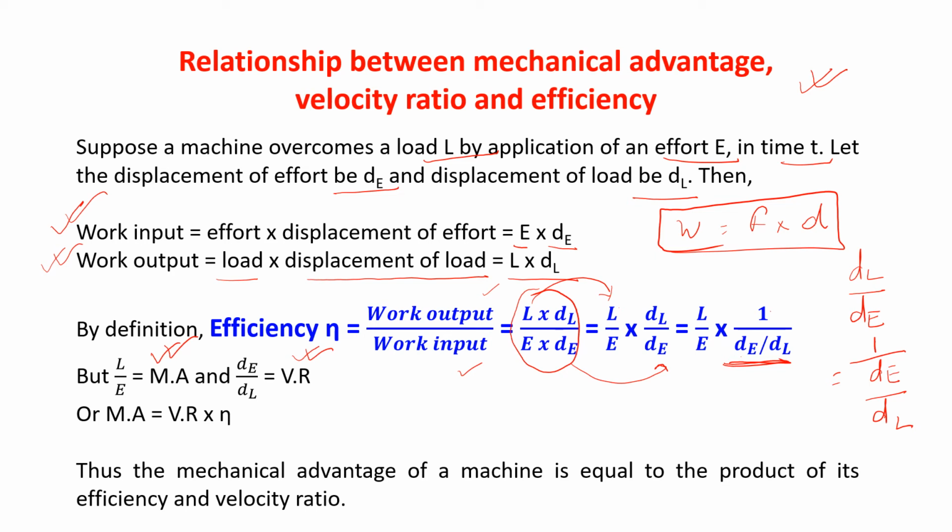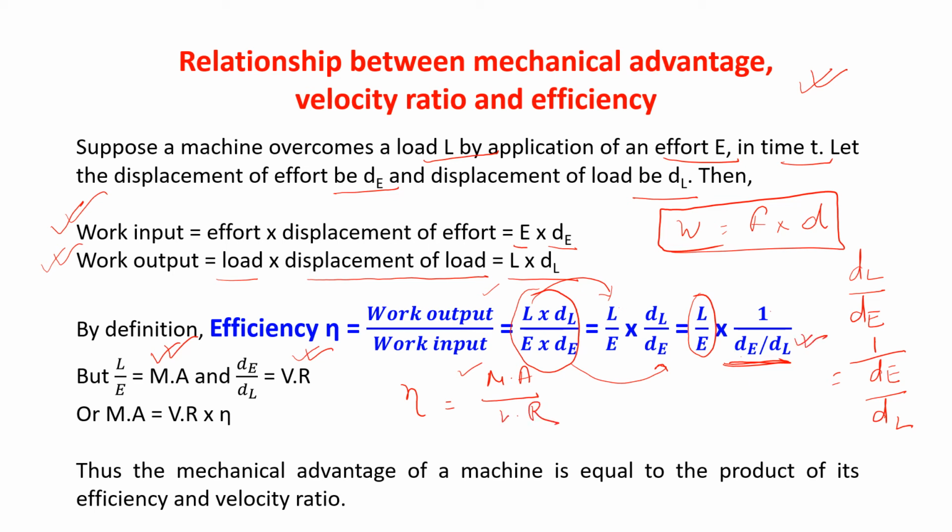So what I am getting, efficiency eta, I can write it in this way: efficiency eta is equal to L by E, the mechanical advantage, by dE by dL, which is nothing but velocity ratio.